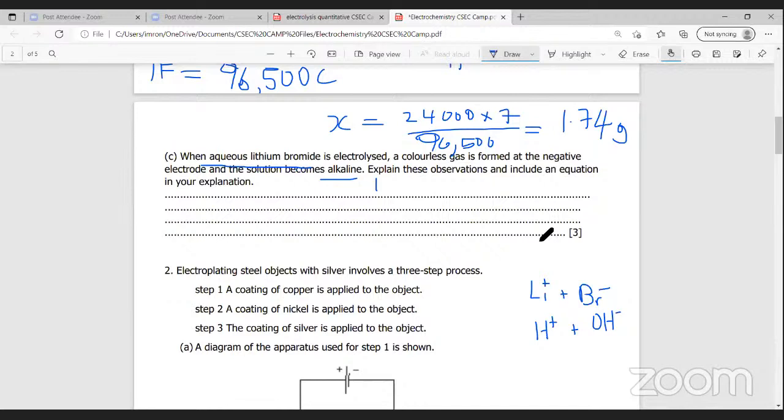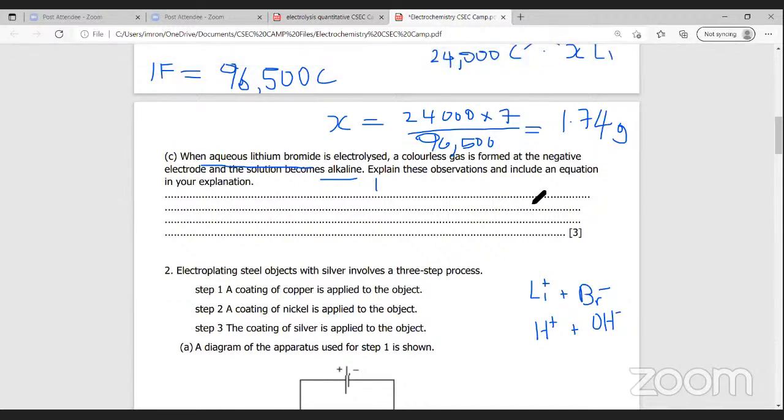I know lithium takes you a little bit out of your comfort zone, but think about lithium in relationship to the other metals that are next to it. Which is going to be discharged? I see some hydrogen, I see a lithium.